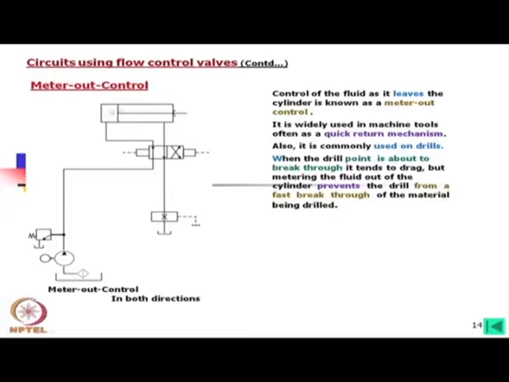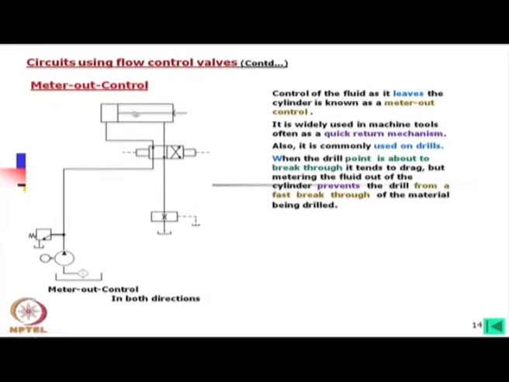Now, this is controlling the force, but still it is moving in the forward direction, not applying much force, only the required force. Suppose it requires more force, then this will be controlled in such a way that there will be a pressure difference and force will drive the drill to pass through.